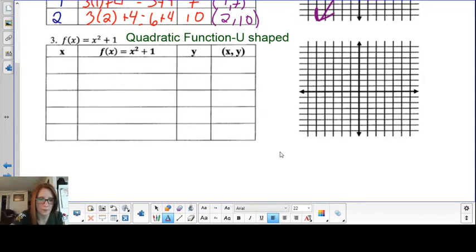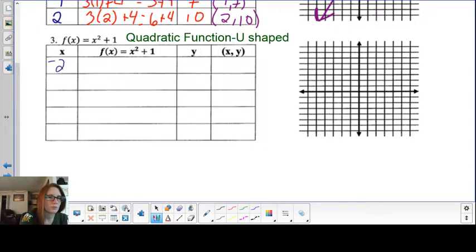Alright, so let's go ahead and start picking values. Again, we want both sides of the graph, so we are going to pick -2, -1, 0, 1, and 2. So I have -2 squared plus 1.